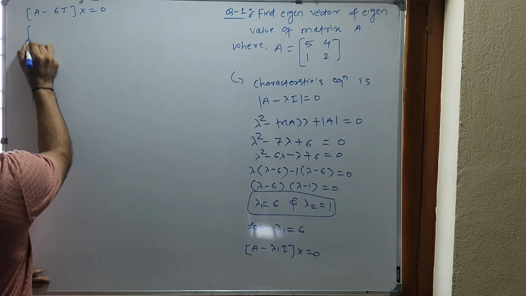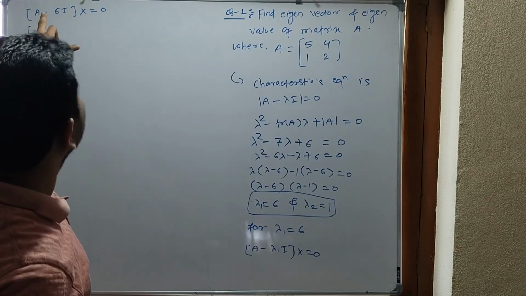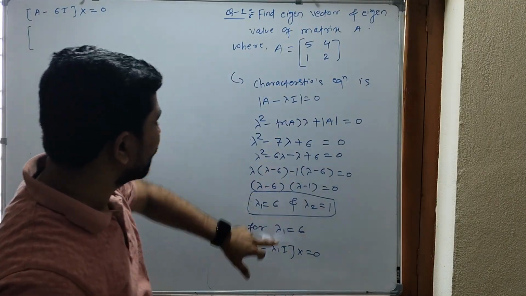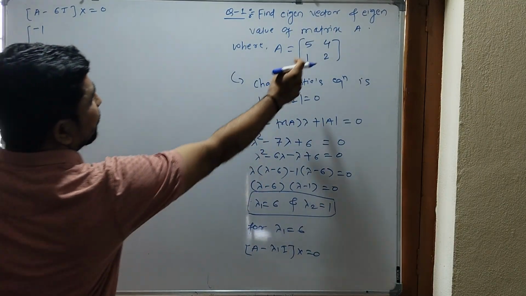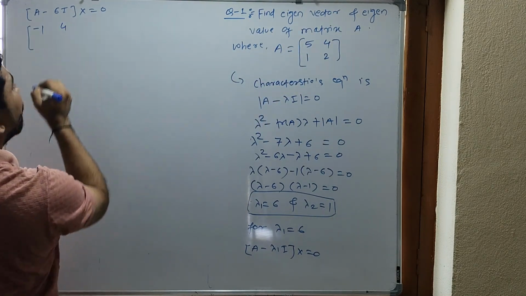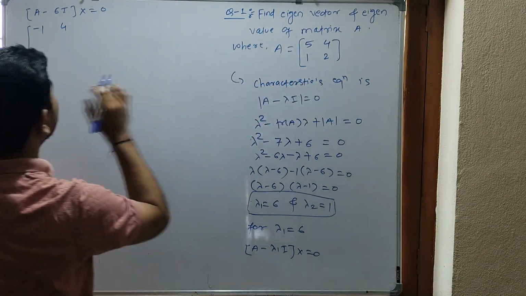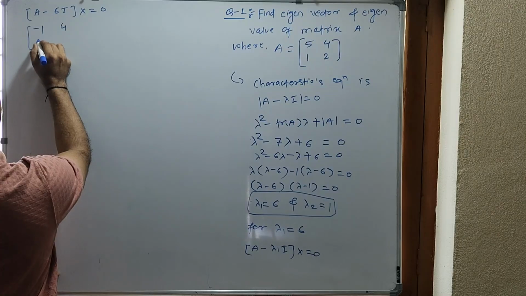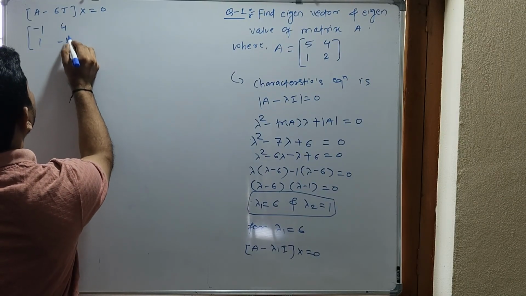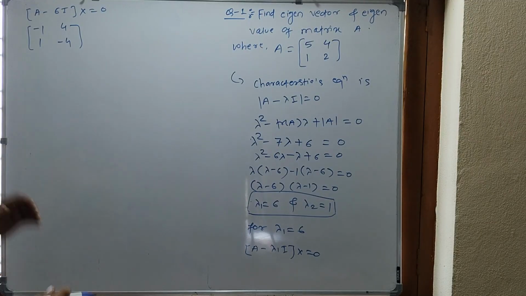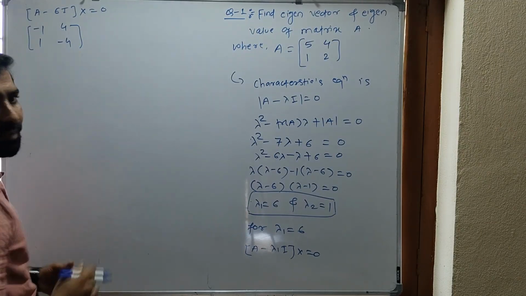Now the resultant matrix: the first entry is 5 minus 6, which is minus 1. The second entry is 4 minus 0, simply 4. This is 1 minus 0, simply 1. This is 2 minus 6, that is minus 4. This is my A minus 6 I matrix.